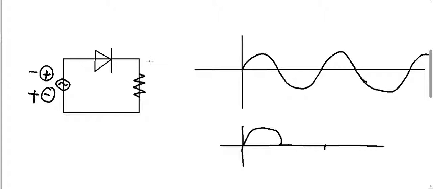Again, when this half cycle is completed, it will not allow the current to pass, and when it is reversed again, it will allow the current to pass. So we see that only half of this wave is passed, and the other half is never passed.